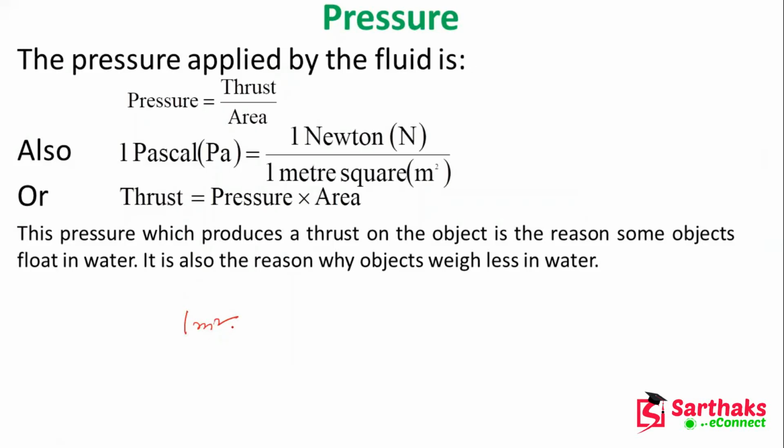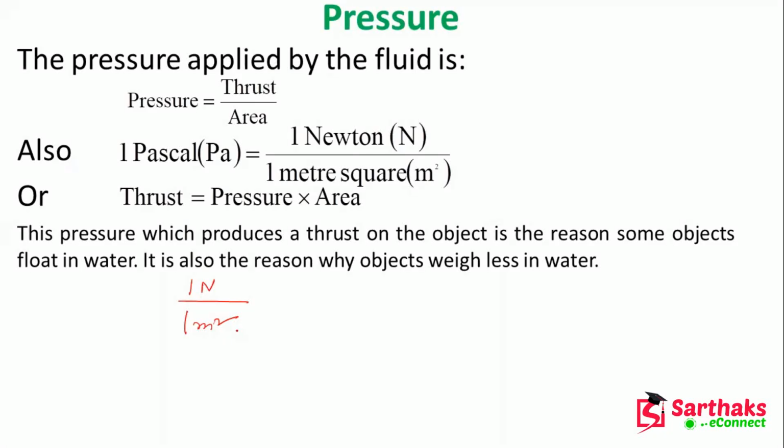And we have the thrust. Thrust is the force, so what will be the unit of this? That is the Newton, right? So we are applying 1 Newton of force to the surface area of 1 meter square.